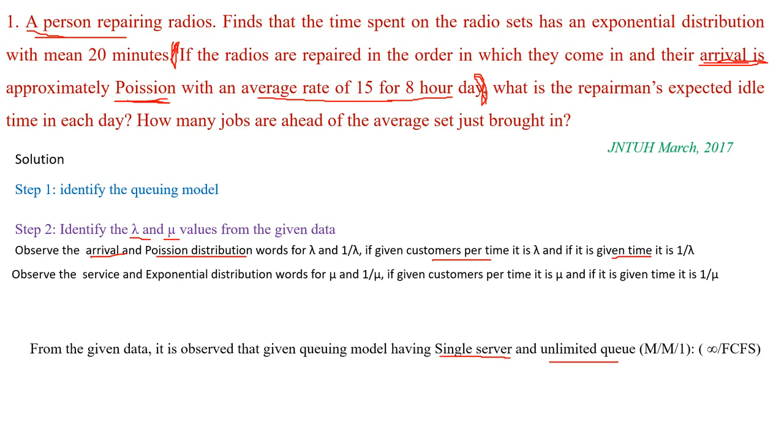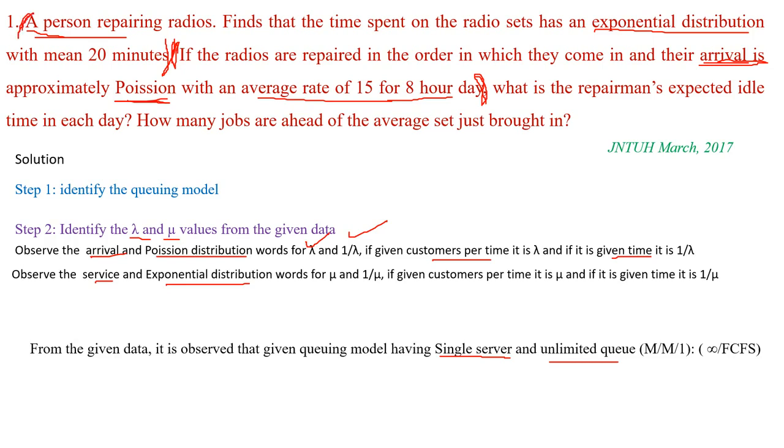When the given data is related to customers per unit time, it is lambda. Otherwise, if only unit time is given, it is related to 1 by lambda. Similarly, we have to observe the words service and exponential distribution. Here I observe the exponential distribution, so let's concentrate on this sentence.